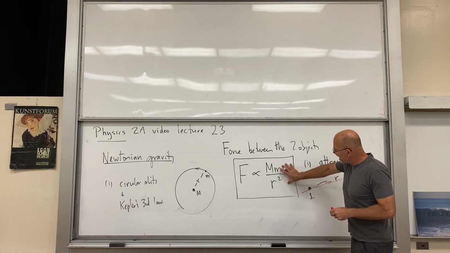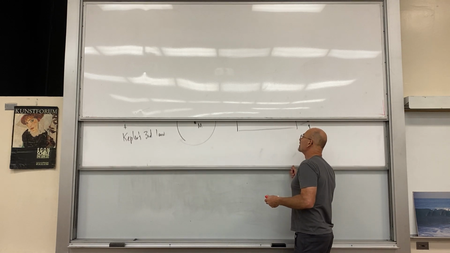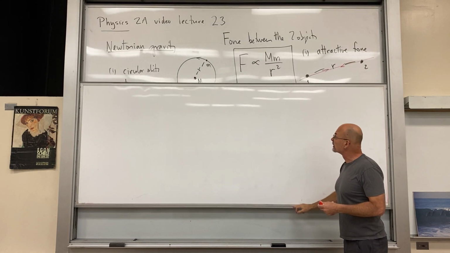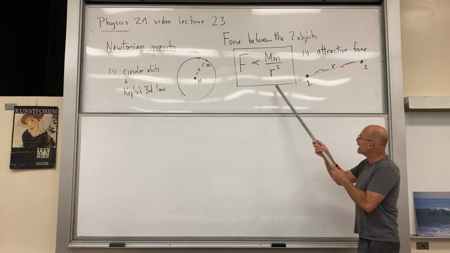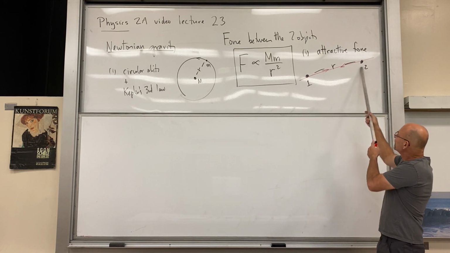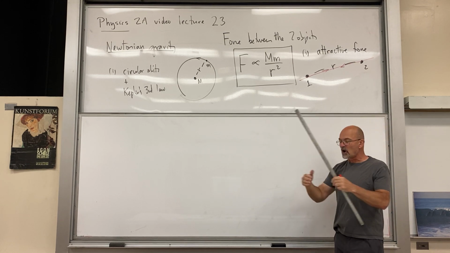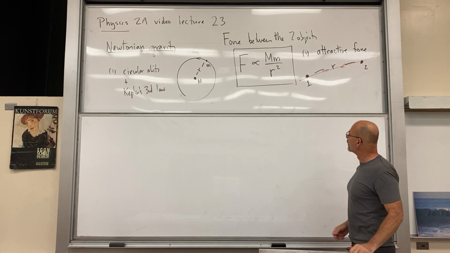And now we have to actually look a bit at this formula. Namely, what does this inverse square business mean? Well, because it's in the denominator, it means that the greater the distance of separation, the weaker the force. So the force is stronger the closer together the objects are, and weaker as they go farther apart.